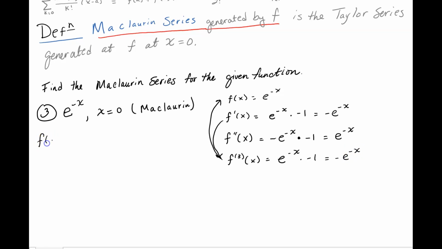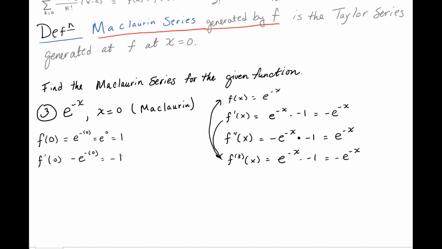Now let's go ahead and find the values that we're going to need. Let's say f of 0. When we plug in 0, that's e to the negative of 0, which is e to the 0, which is just 1. Then f prime of 0 is going to be a negative e to the negative of 0, so this is a negative 1.